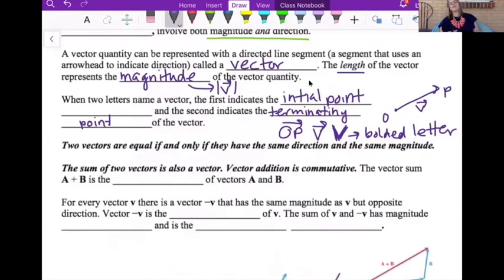Then we can add vectors together, and vector addition is commutative, so it doesn't matter the order.